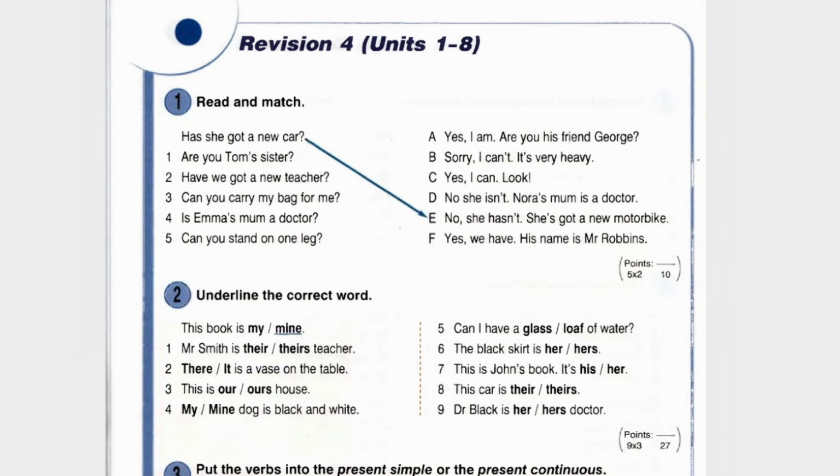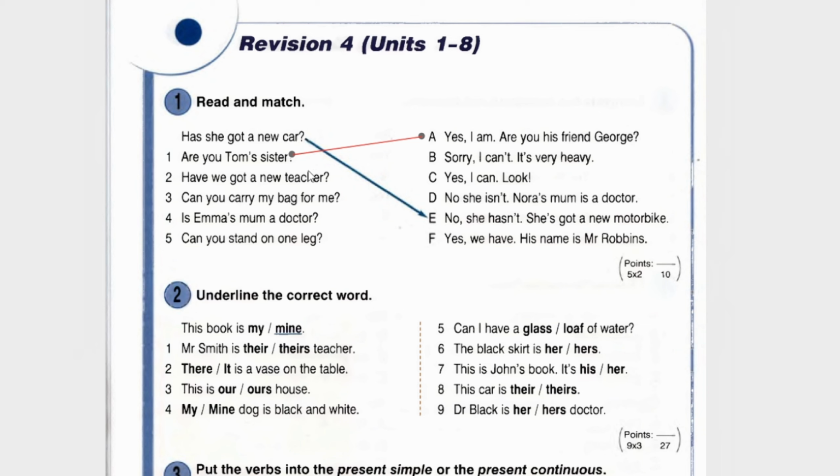So, let's take a look at our exercises. Read and match. The first one, has she got a new car? No, she hasn't. She's got a new motorbike. Are you Tom's sister? Yes, I am. Are you his friend? His friend George. Okay. Have you got a new teacher?